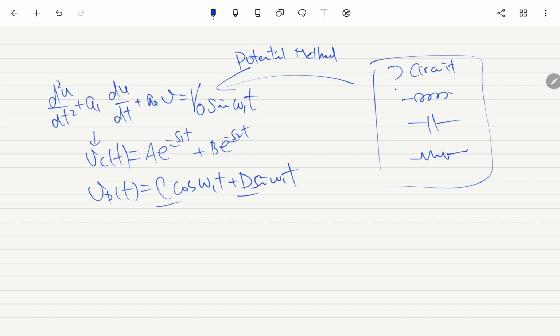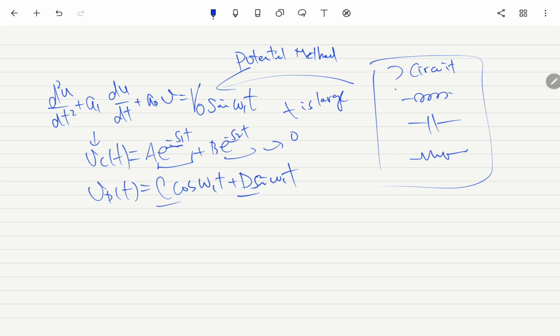Usually S1 S2 should be positive values if this circuit is stable. So for negative S1t, negative S2t, it will make this exponential function tend to 0 when t is large.